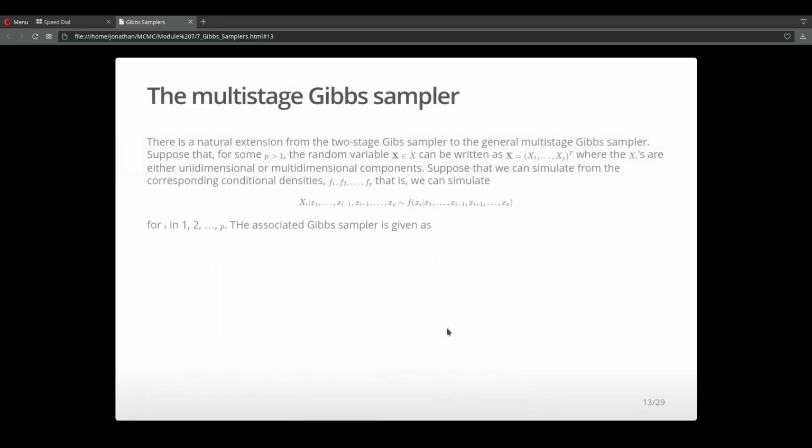So that was a two-stage Gibbs sampler. The Gibbs sampler can be expanded to handle any number of parameters. For any scenario where we have a number of parameters greater than 1, we can apply the Gibbs sampler.